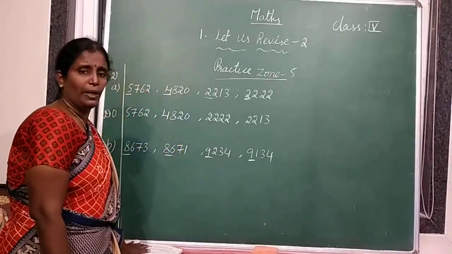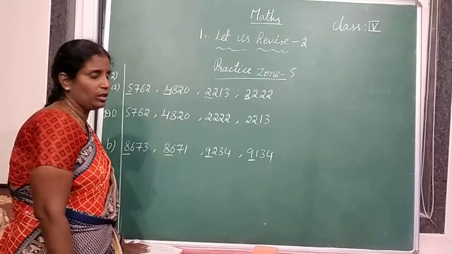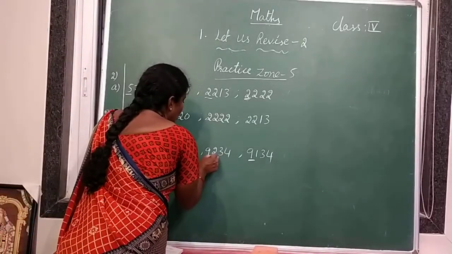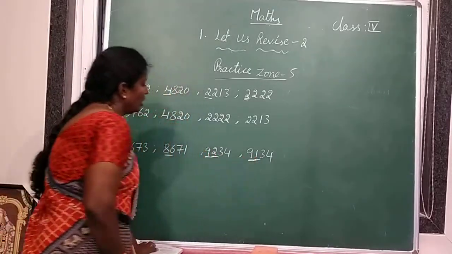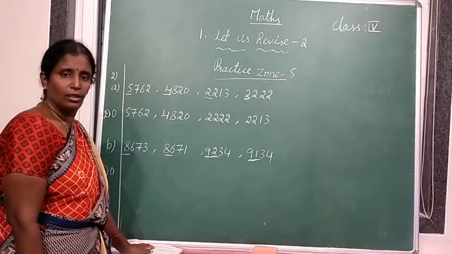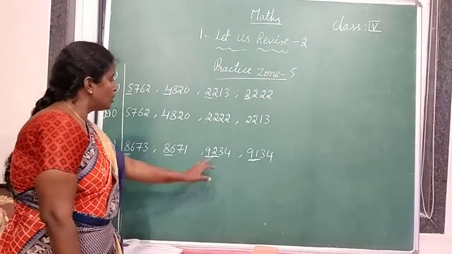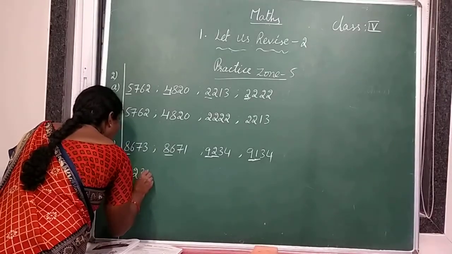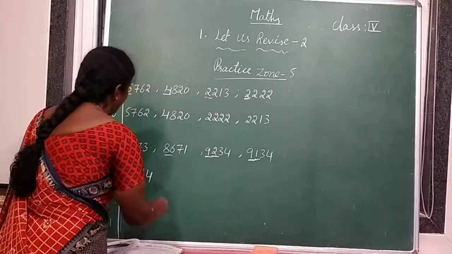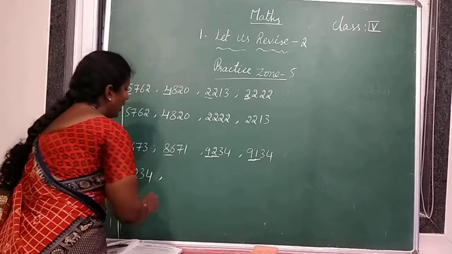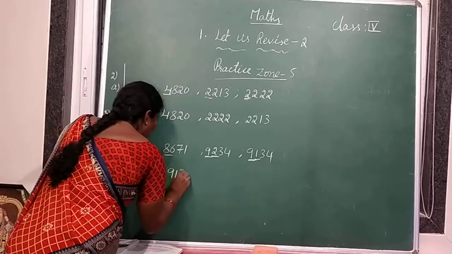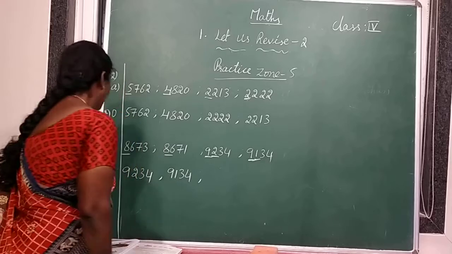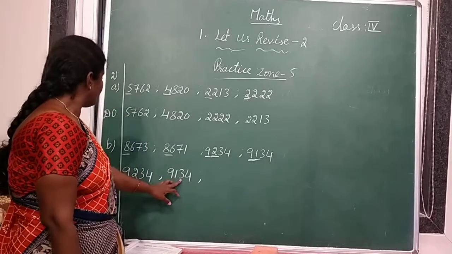So we have to compare the next digit. Good. So what is the next digit? 2 1. So which one is greater? 2 is greater. So 9234 is greater. After that 9134.